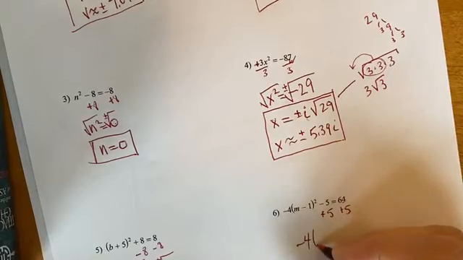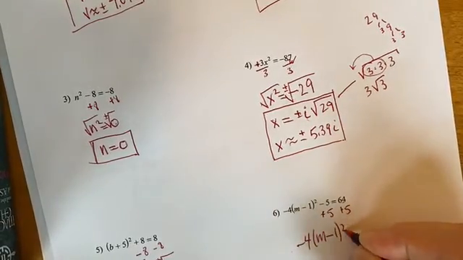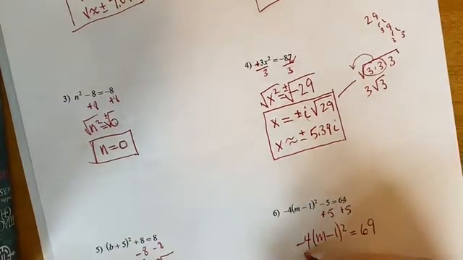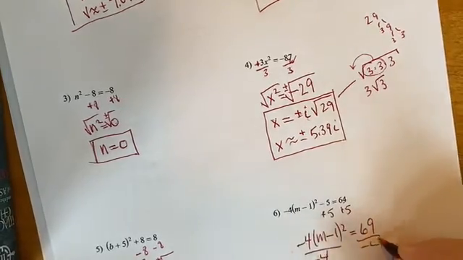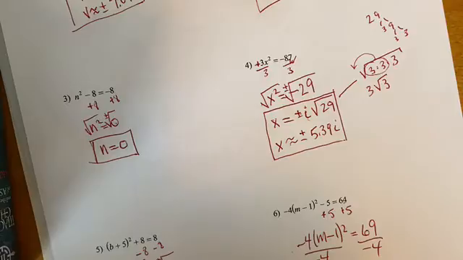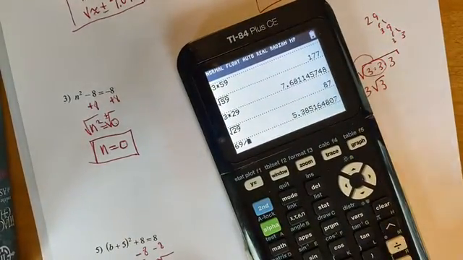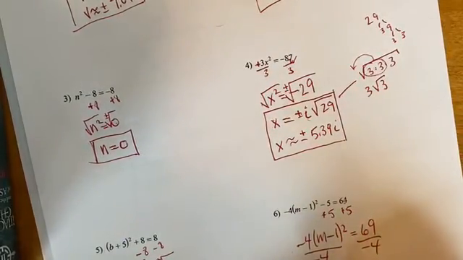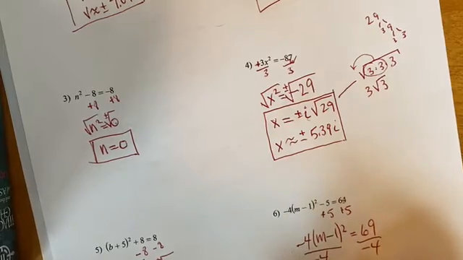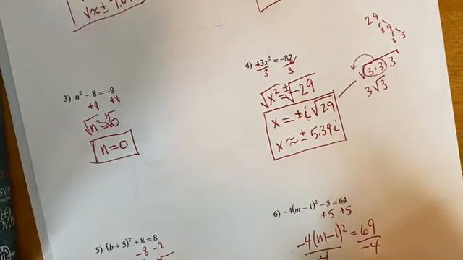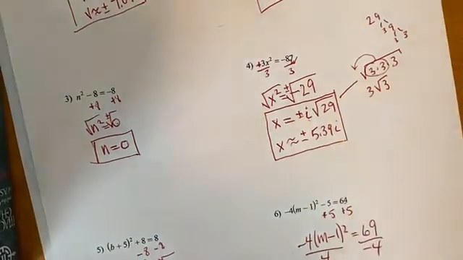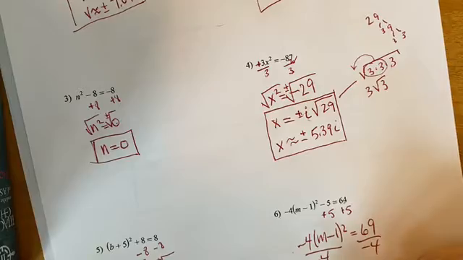So negative 4 times m minus 1 squared equals 69. So when you divide by negative 4, 69 divided by negative 4, you get negative 17.25. So m minus 1 squared equals negative 17.25.